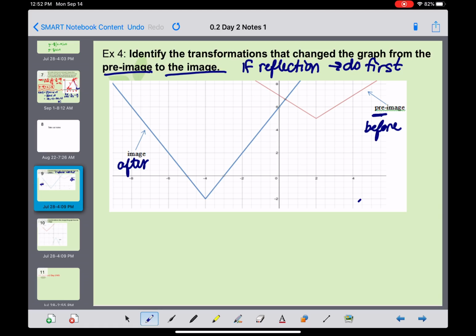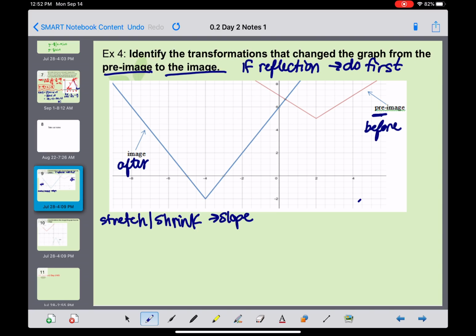Now we have to look for, is there a vertical stretch or shrink? Okay, vertical stretch and shrink all have to do with slope. So I need to look at the slope and see if they are different. If they are different, then I will have a vertical stretch or shrink. I'm going to look on the same side of each one.